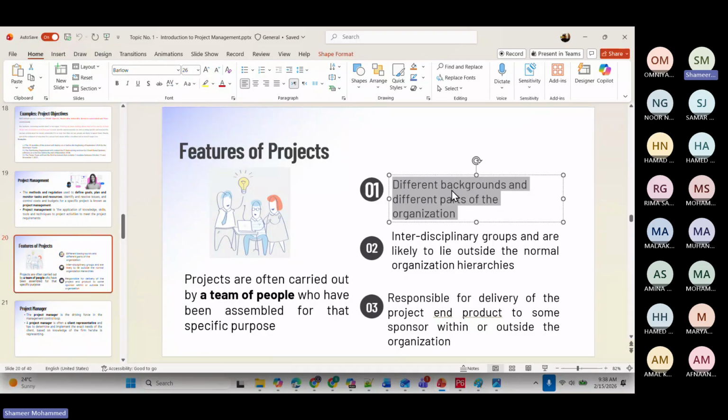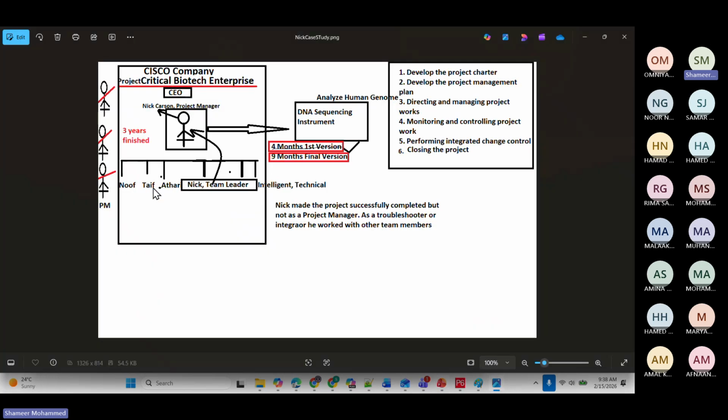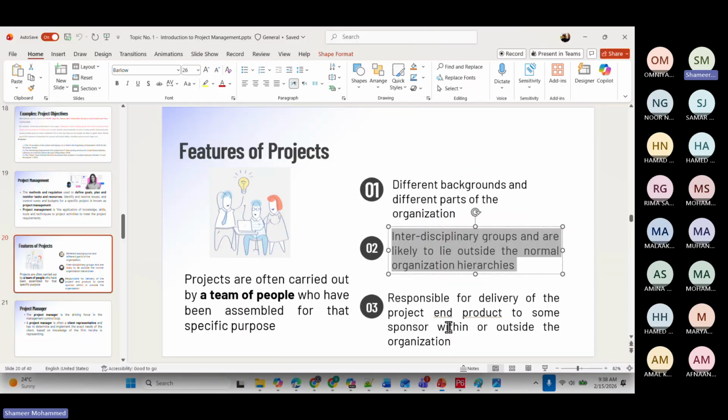You have different backgrounds and interdisciplinary projects you are going to do, not only IT projects. So this team may have people from IT, one from bio, one from communication, one from business. They are from different departments, different people. Interdisciplinary, that is the meaning.